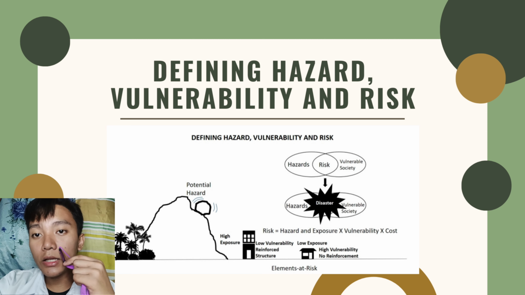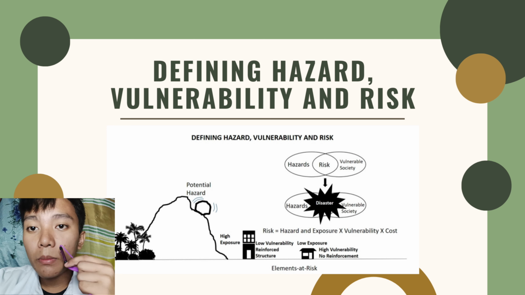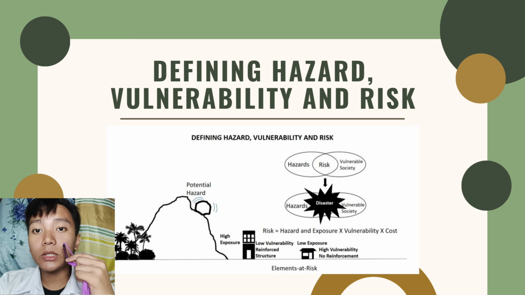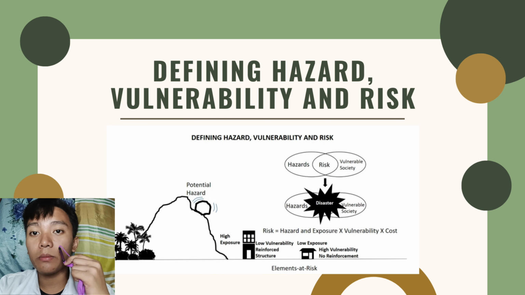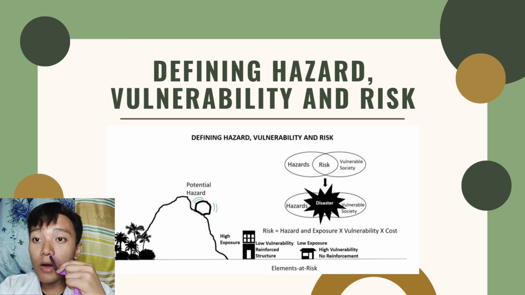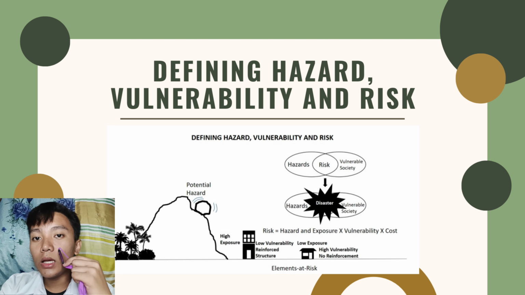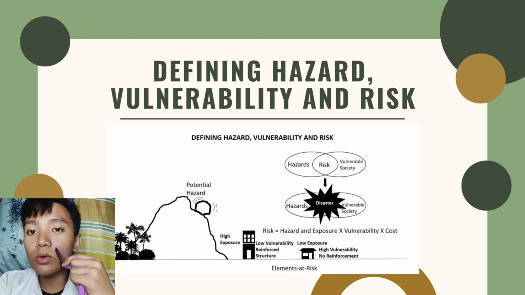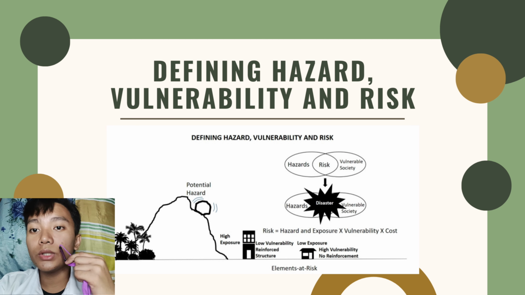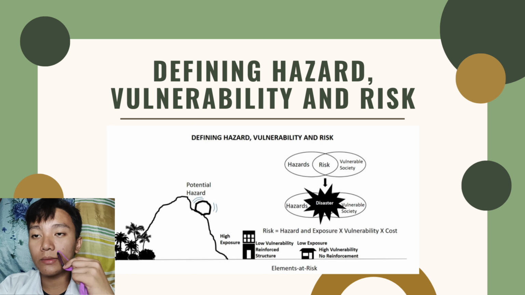However, it is less vulnerable because the building is well structured. The building was made with planning to be strong and survive any hazard that may come from the mountain. Now, the building that is far from the mountain is labeled as low exposure but high vulnerability. It is low exposure because it's far from the hazard, so there is a low chance that the building or structure will be affected by the hazard.